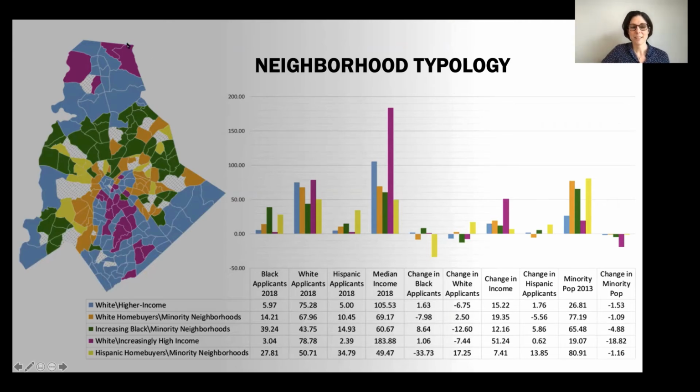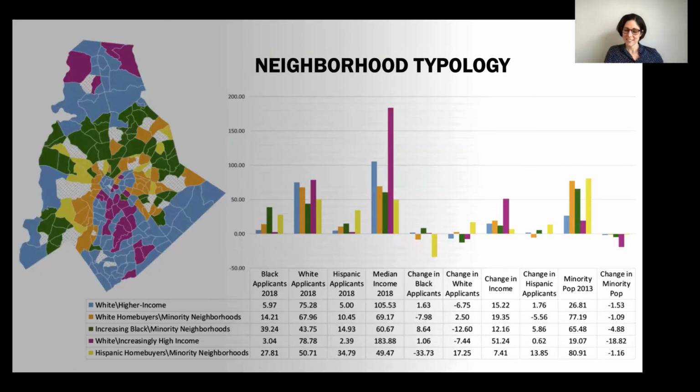So if these are the fancy suburbs, this is the inner city, this is the middle ring, the infamous middle ring, kind of far away from a lot of amenities. We already talked about that one. And then our last one is our smallest group. These are our Hispanic home buyers. And you can see they form a buffer between the oftentimes gentrifying and the Black neighborhoods. So anyway, those are the different types of neighborhoods.